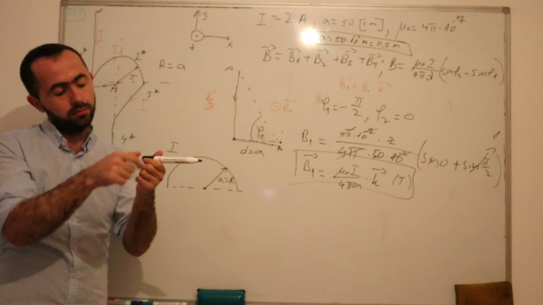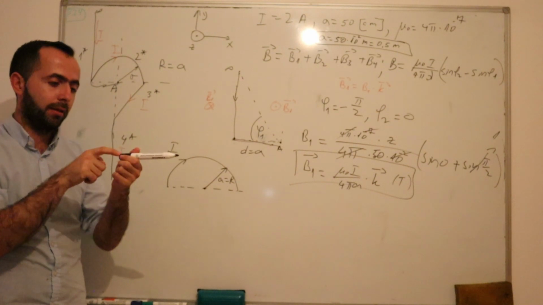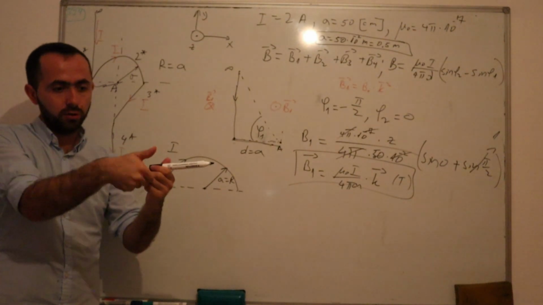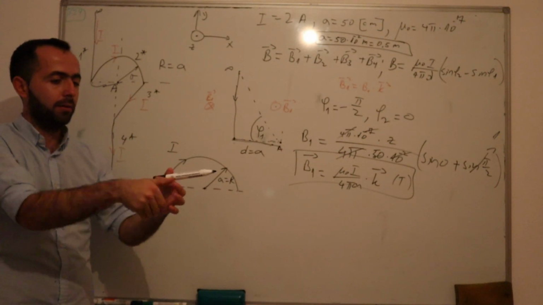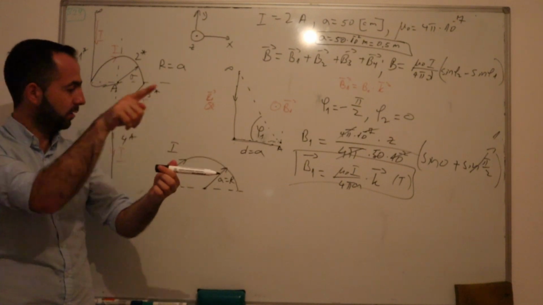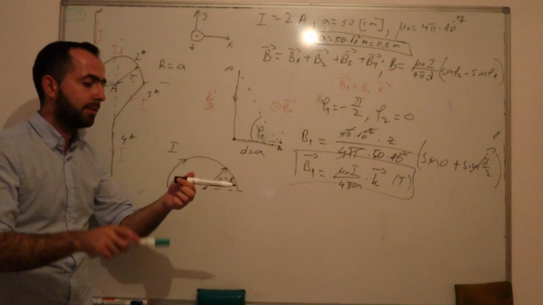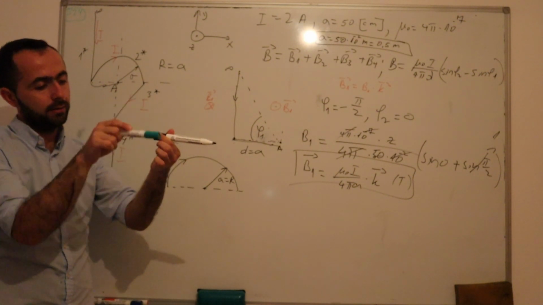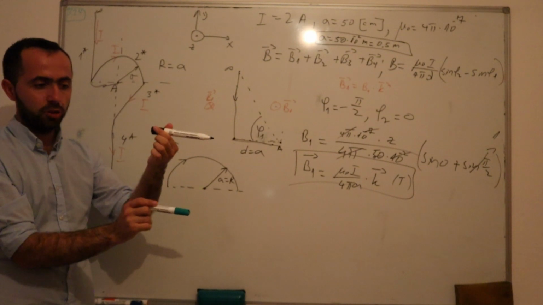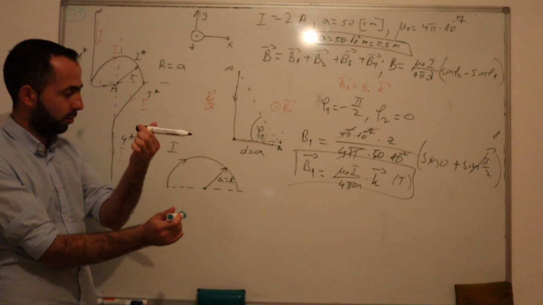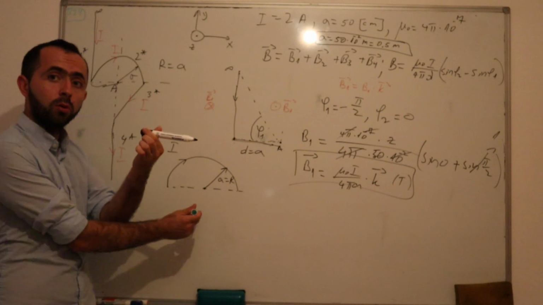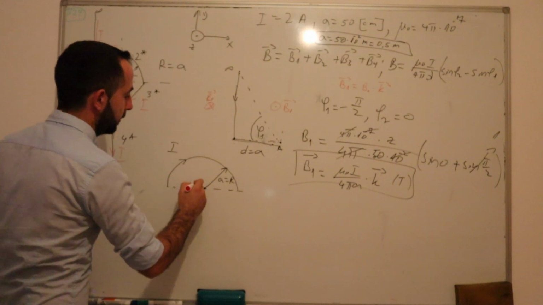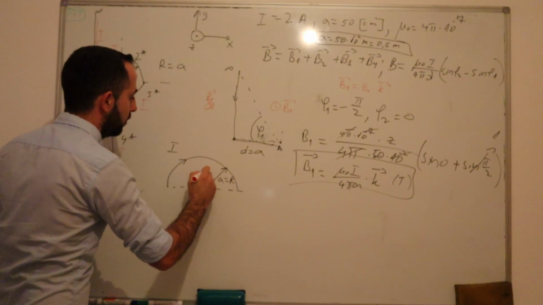We can see that for this conductor's current direction, I have circles going in this way, which means that at this point it is a tangent to that circle in this direction. So it goes from you to the board. This is the magnetic field B2.